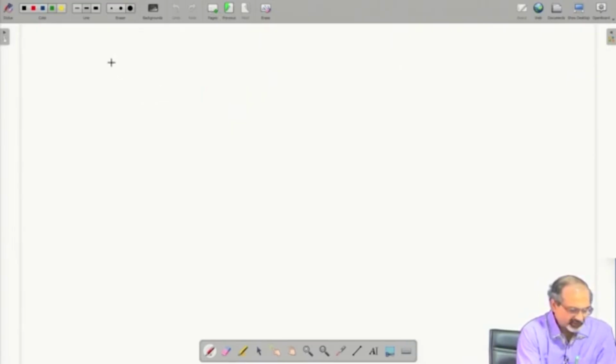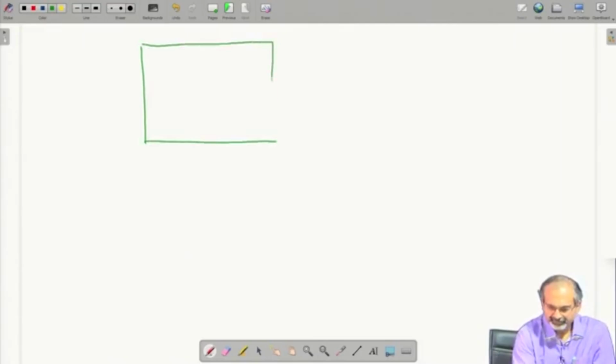Now, if you do that transformation, what happens is you can actually generate the regular mesh like we drew in the previous diagram.